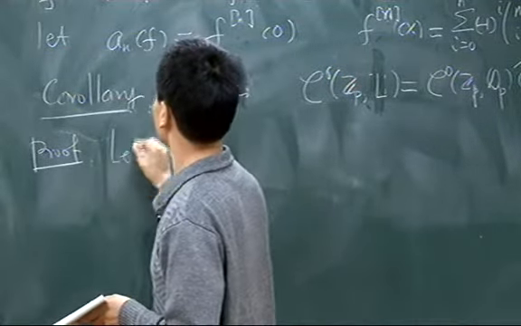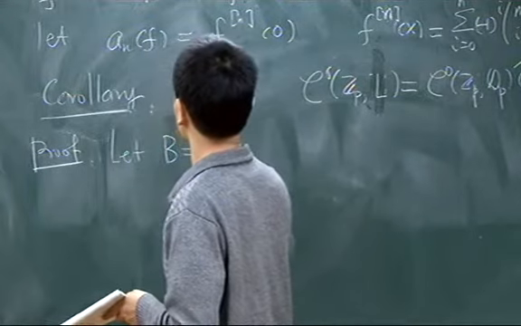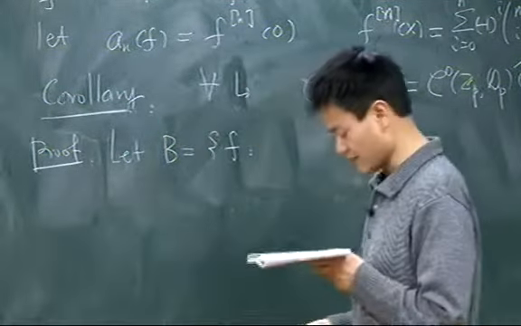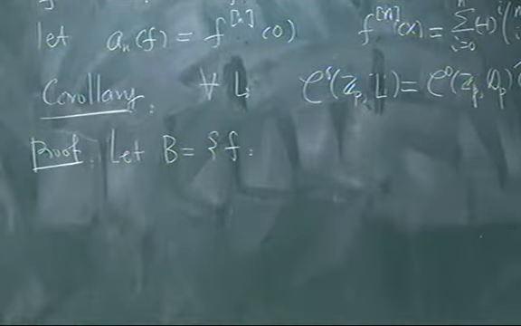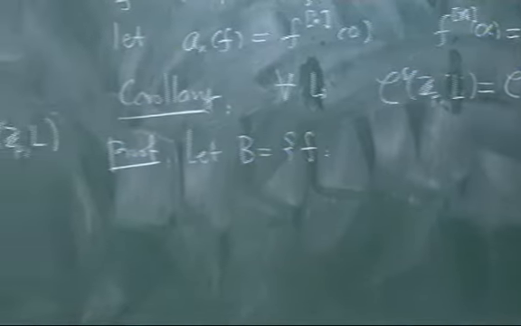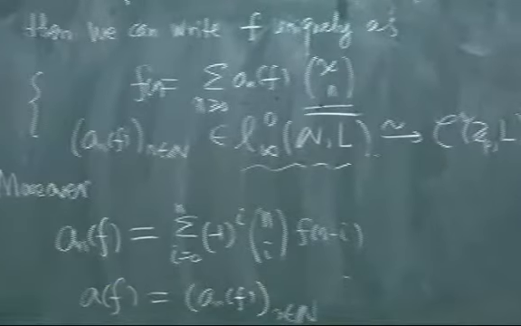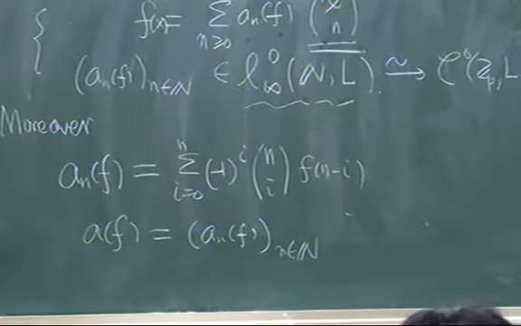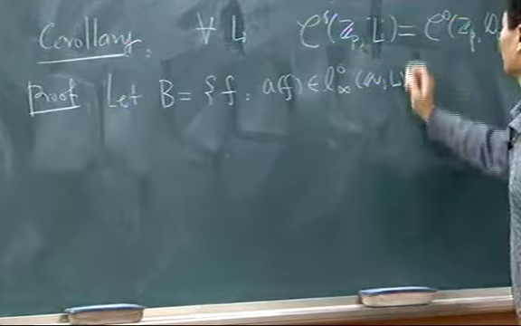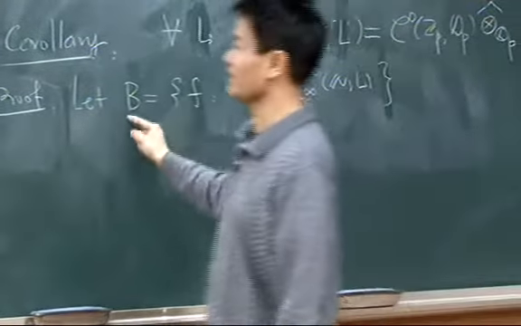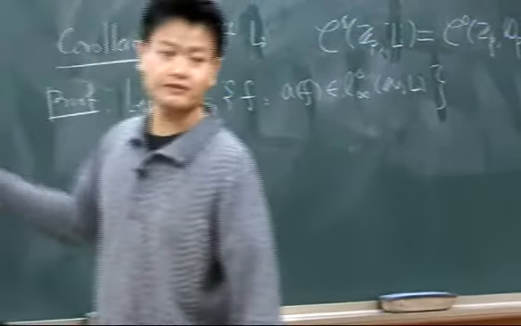We let B be the set of all such f, for example the image of the map sending f to a_n(f). So a_n(f) is contained in L infinity, tending to 0, in L. We want to prove this B is actually everything.